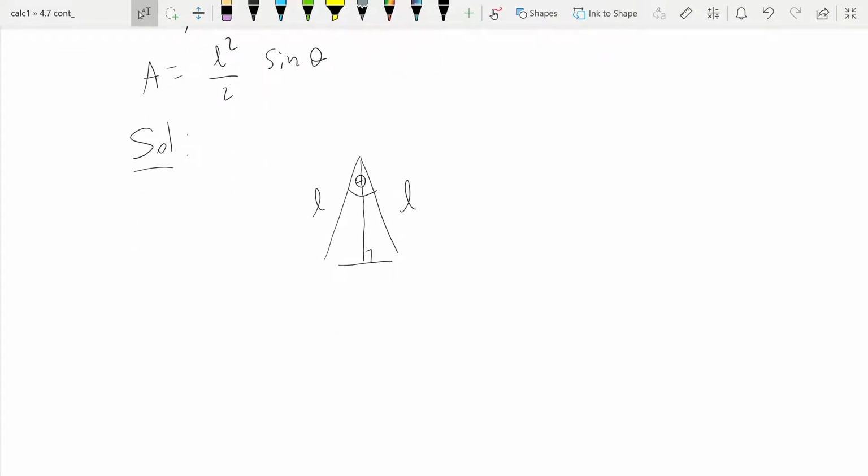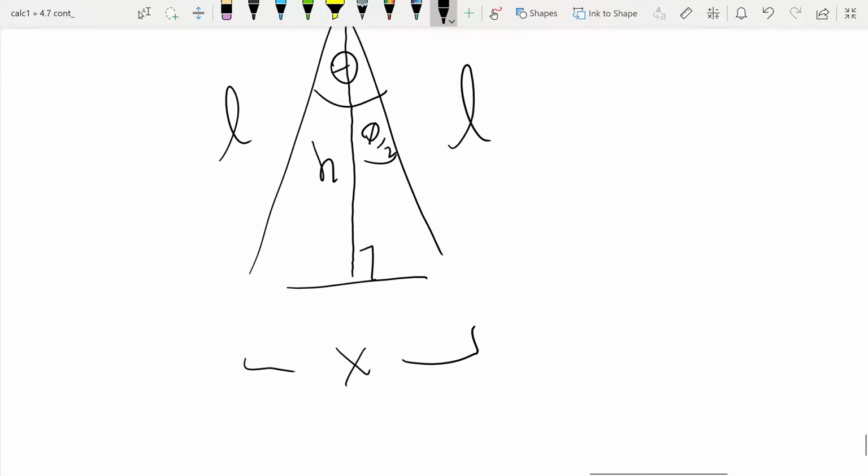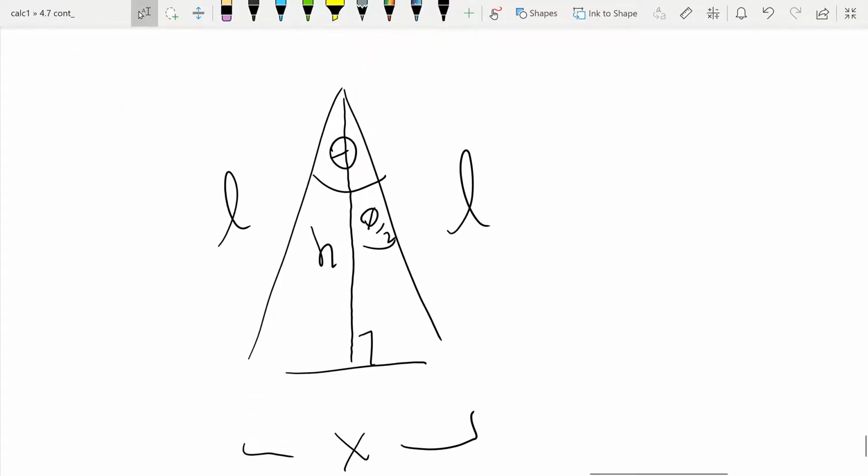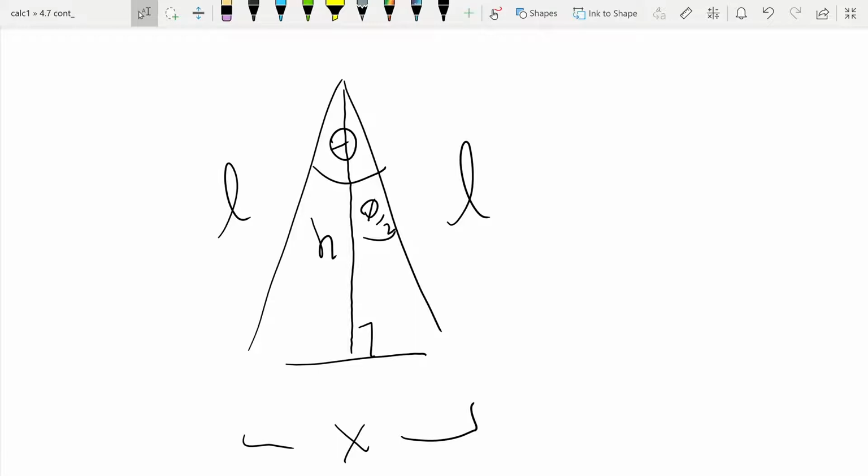So even if you don't remember, if you call this side x and the height h again, this angle here is theta over 2. That's what the problem tells us.